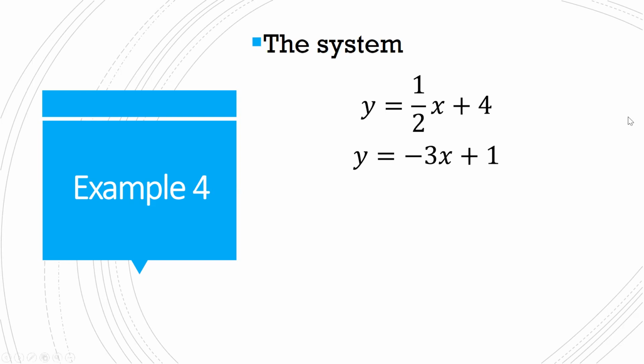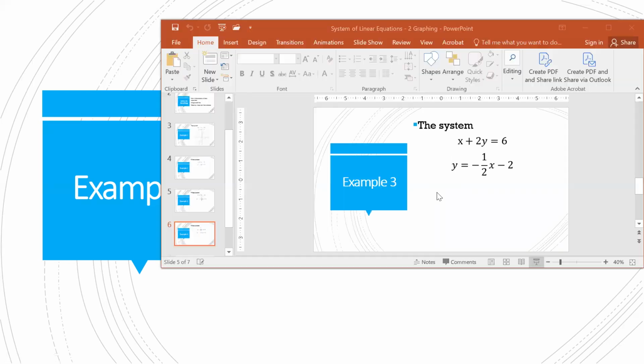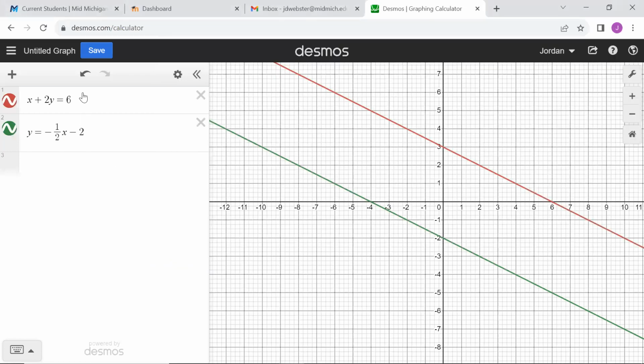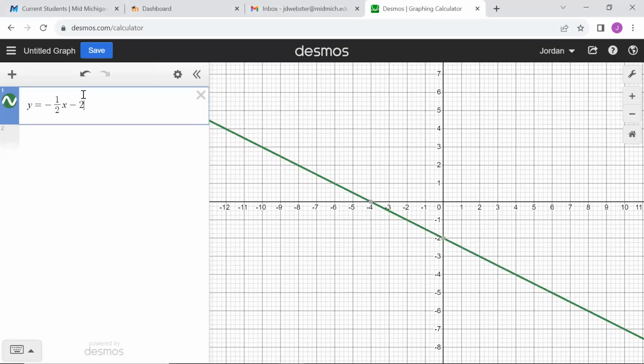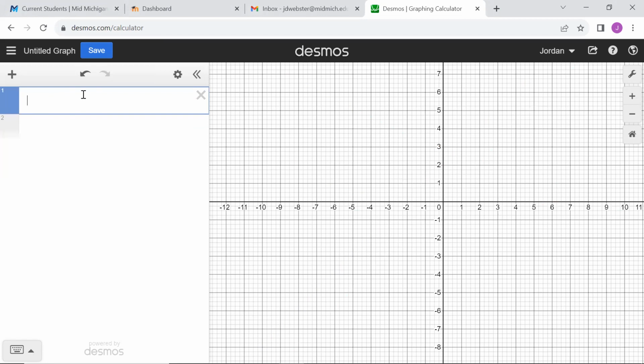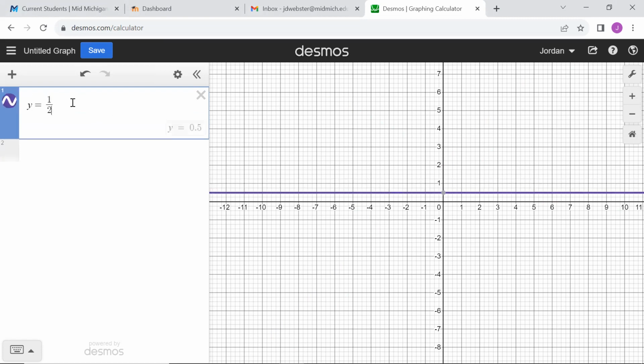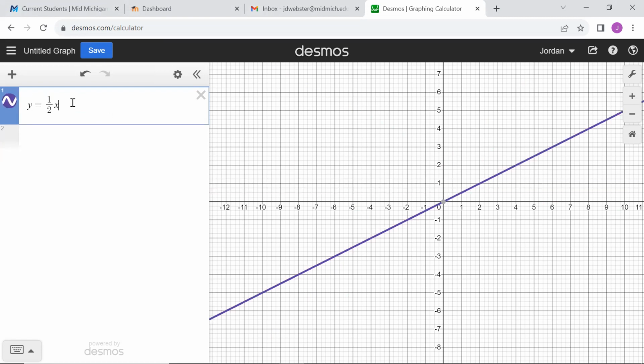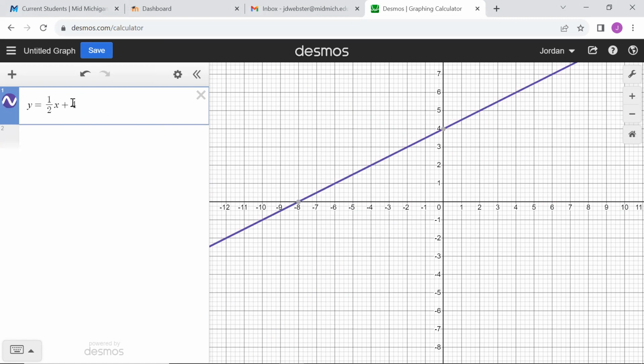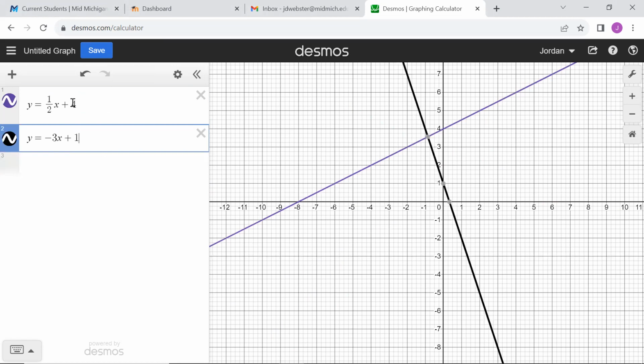But let's check this out in terms of technology, just to make our lives a little bit quicker. The first equation was y equals 1/2 x plus 4. That graphed in purple. And the second was y equals negative 3x plus 1.